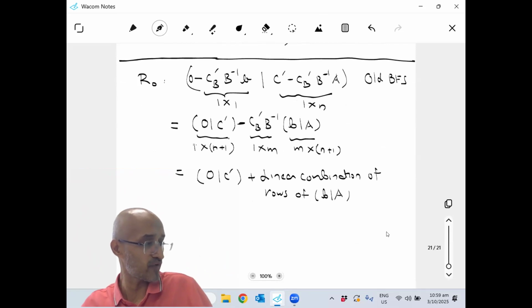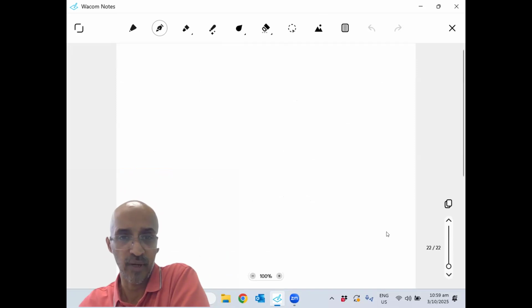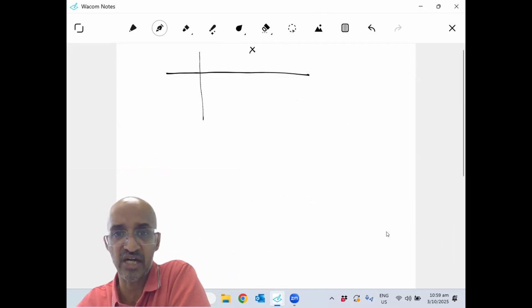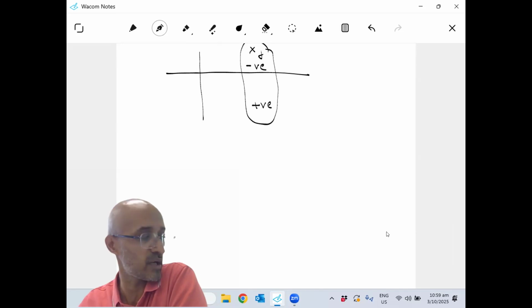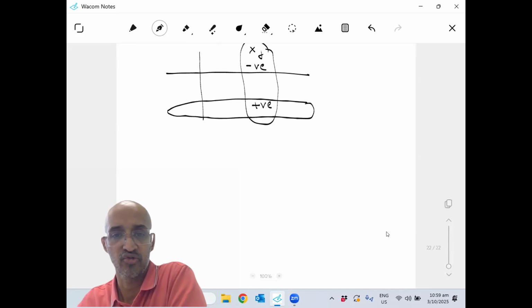Now let's look at what happens. So what did we do? Let's say xj entered my basis. Why did xj enter my basis? There's a negative value here. We decided to use xj to enter my basis. So this is the entering variable.